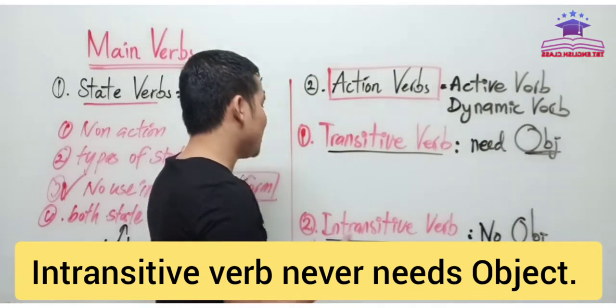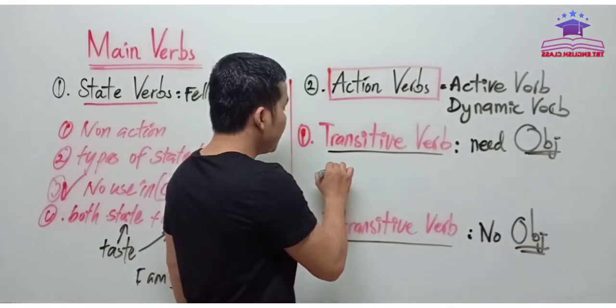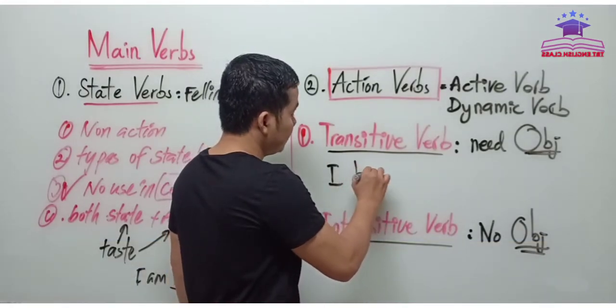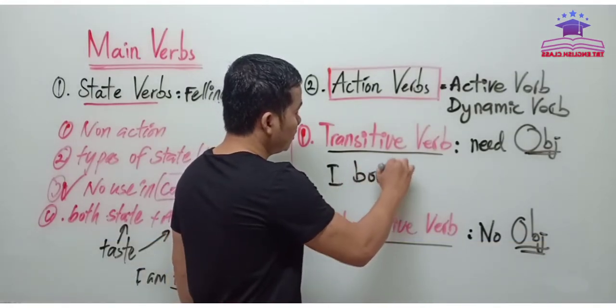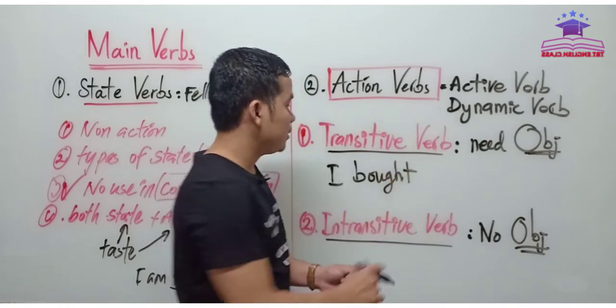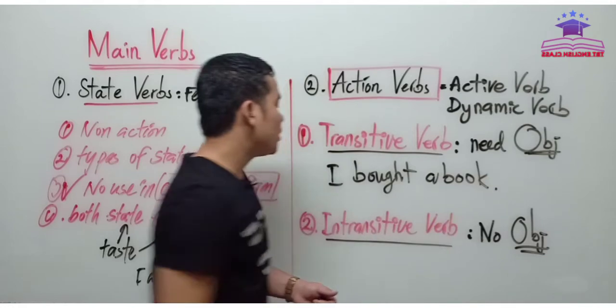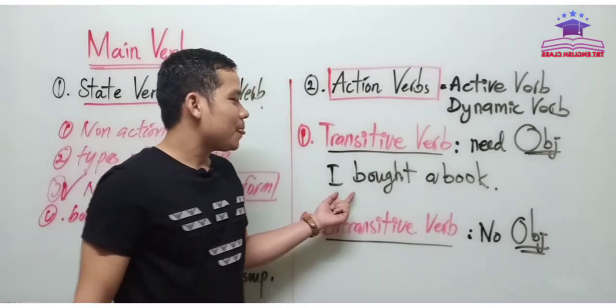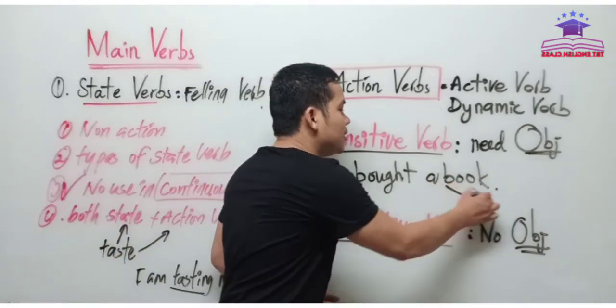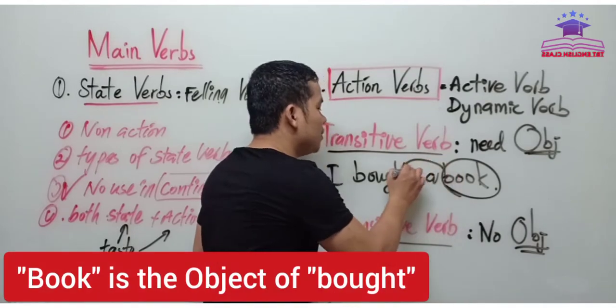Let us see an example again. I bought a book. So a book is the object. You see the word book is the object of the verb bought.